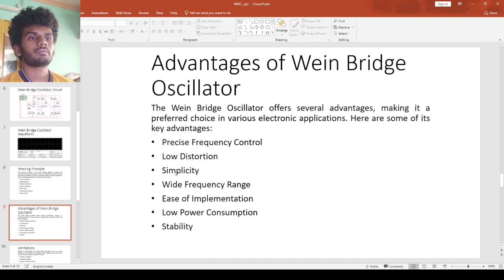It has simplicity, as it's not so complicated and you don't need a big construction. It's a simple circuit. It also has a wide frequency range, so you can choose a number of frequencies, ease of implementation, low power consumption, and more stability.